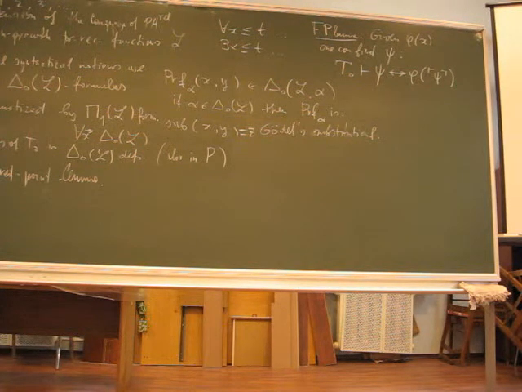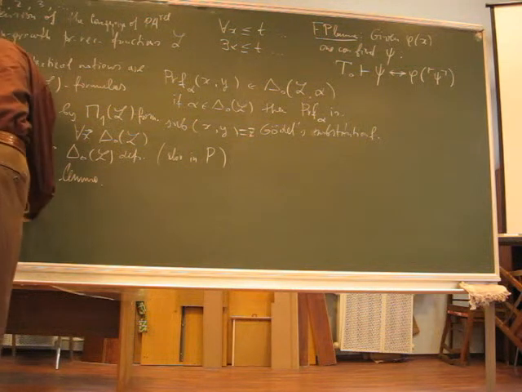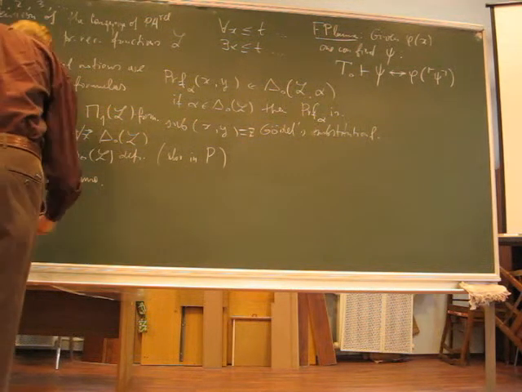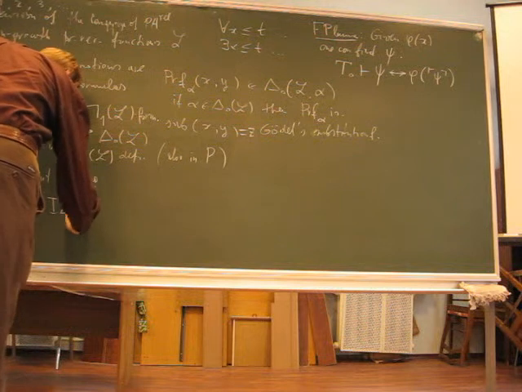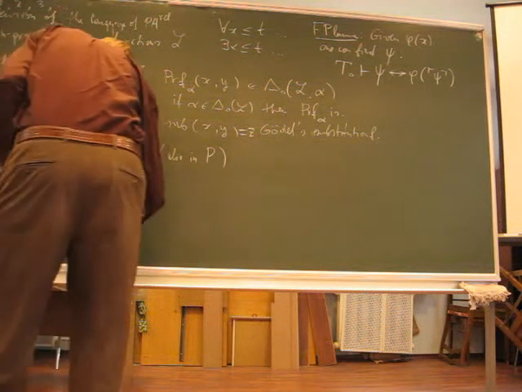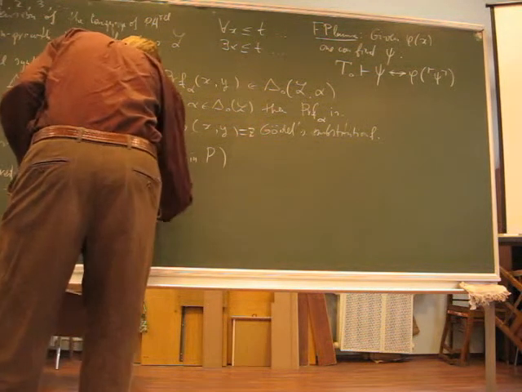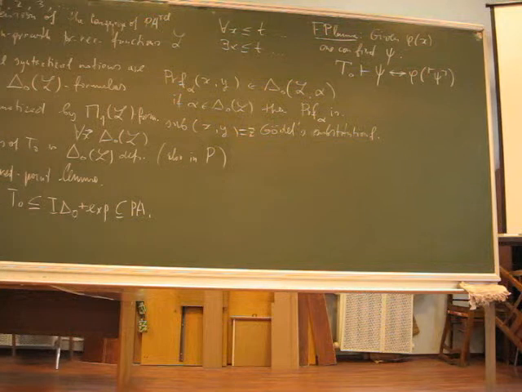T0 is a true theory, so T0 is true in the standard model. In fact, it is a sub-theory of Peano arithmetic. Peano arithmetic can be interpreted, and in fact T0 is contained in things which are much smaller than Peano arithmetic, like IΔ0 plus exp, but we don't even need to know what this is.